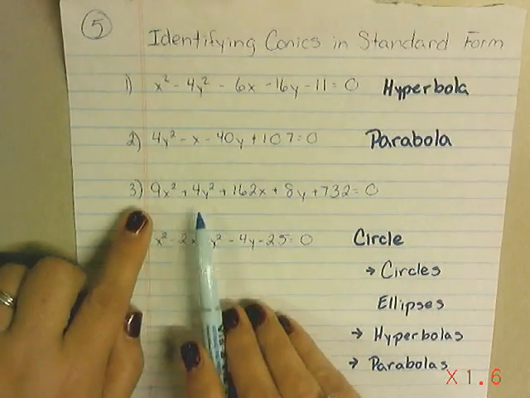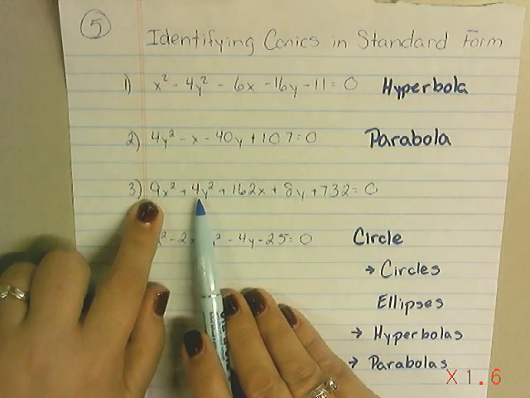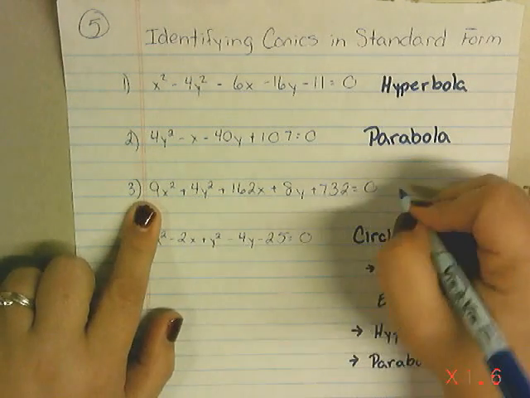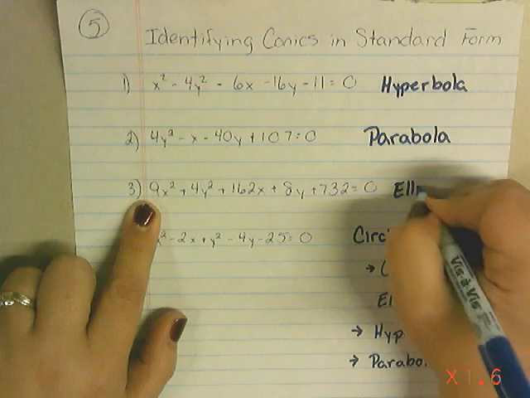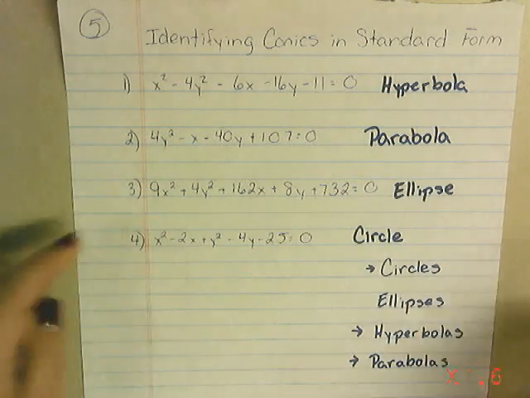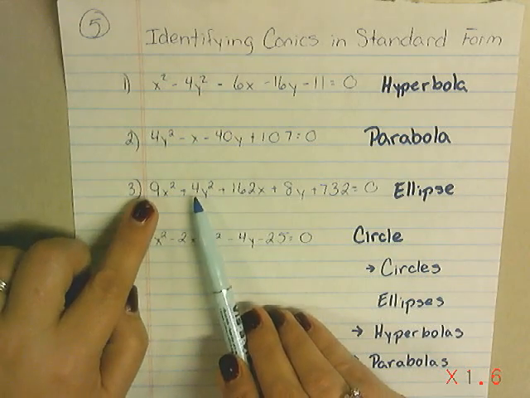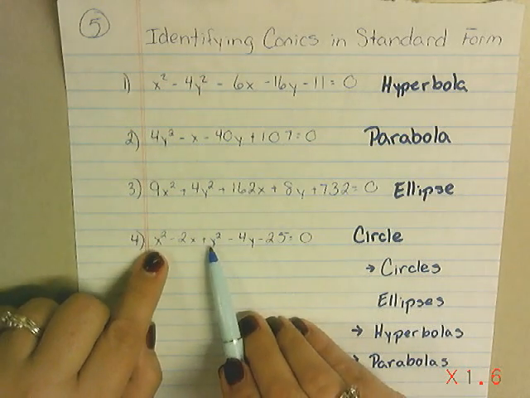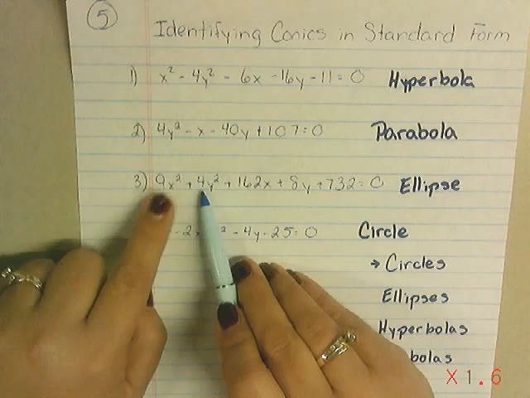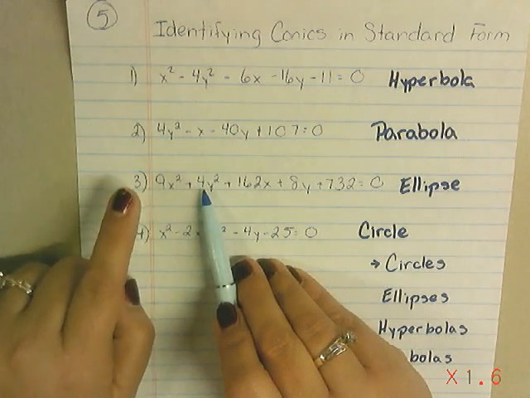Let's double check this one. The x squared is positive and the y squared is positive. So that is my ellipse. Because remember also back from the very beginning, ellipses and circles are very similar, except that circles, these two have to match. Ellipses, they can be different numbers.